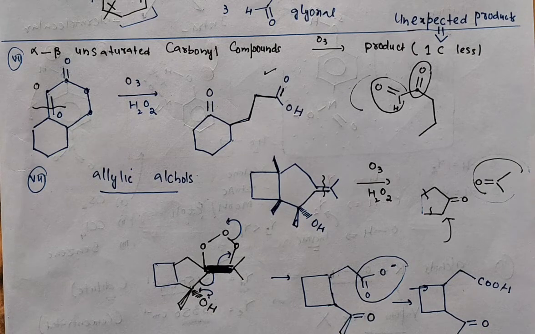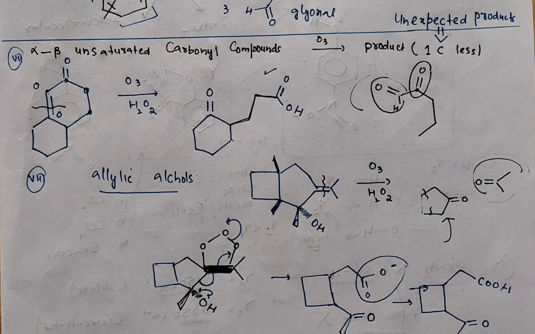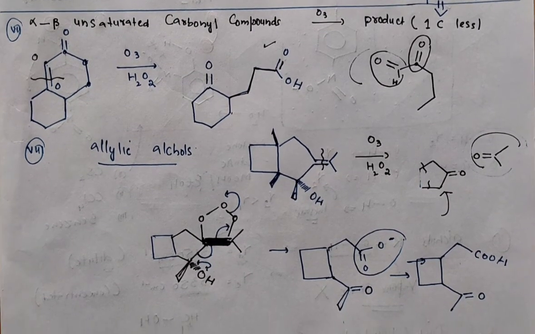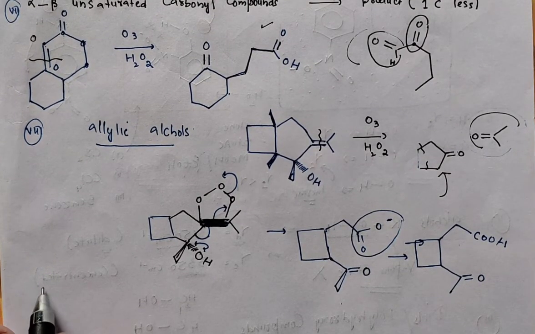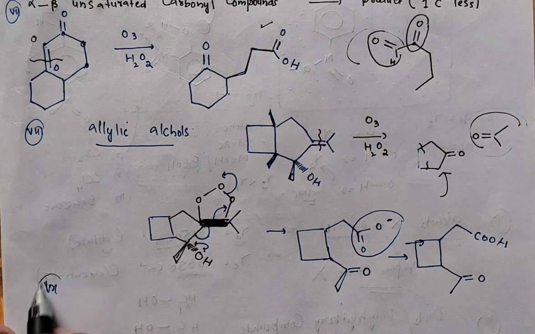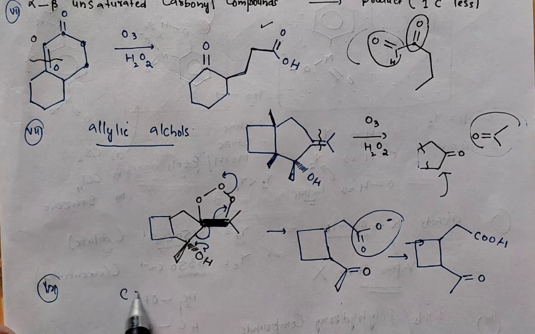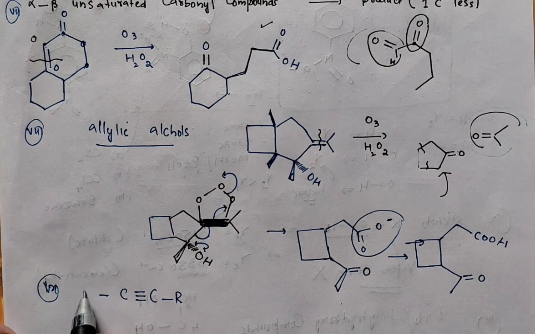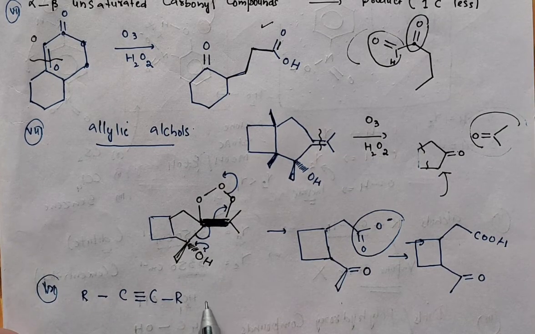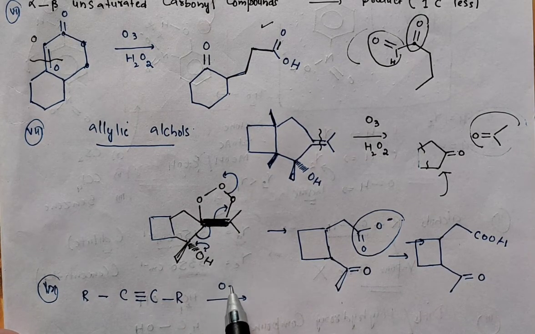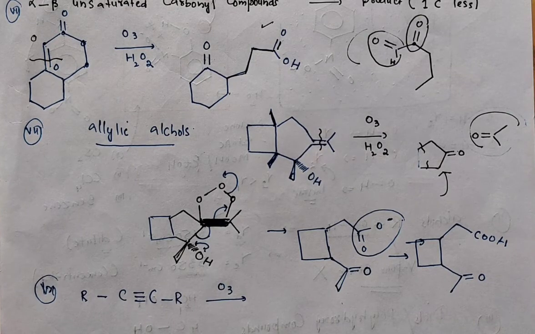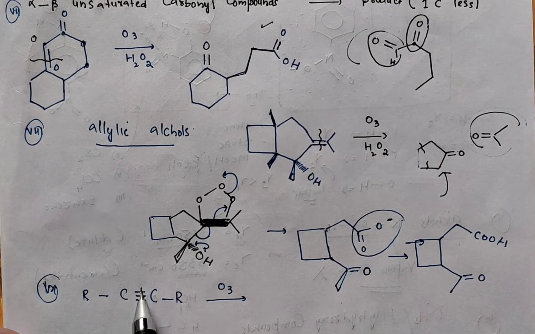Now we have one more unexpected case, that is if your substrate has a carbon-carbon triple bond. This is also a bit interesting. If your substrate is a carbon-carbon triple bond, not a double bond, and you are using ozonolysis, the normal formula is that it will break these two bonds and we'll get CO here and CO here.